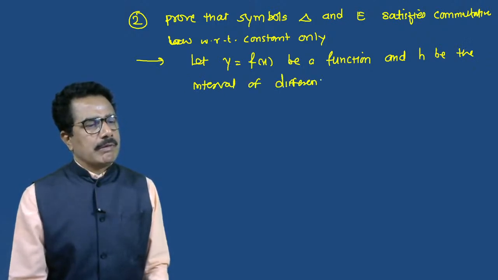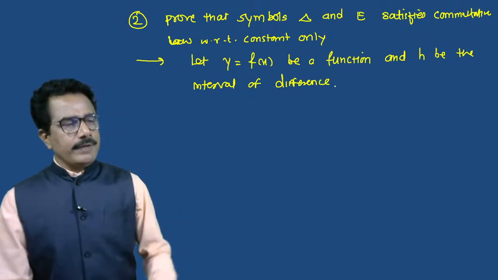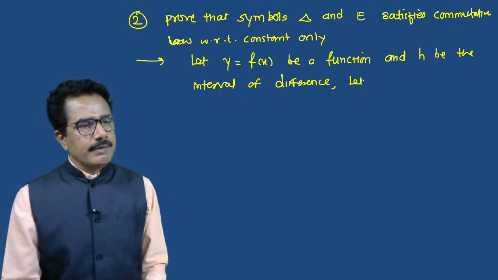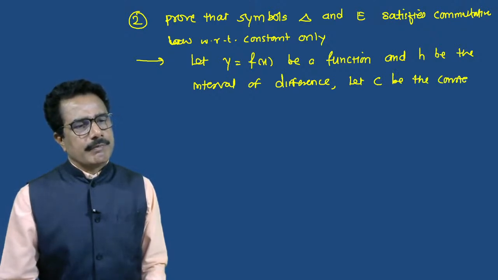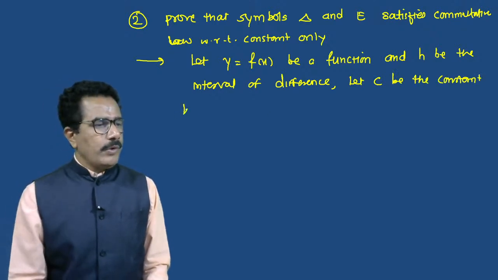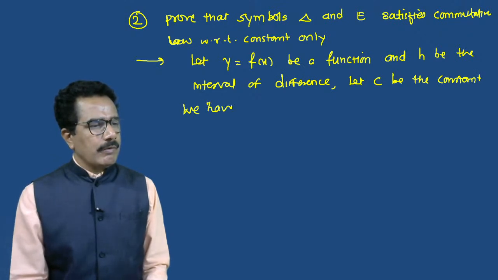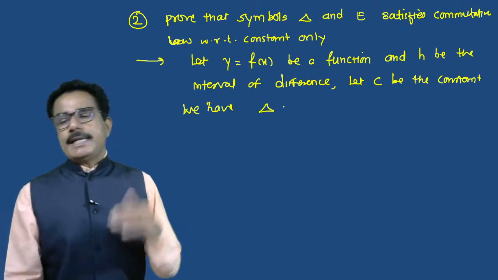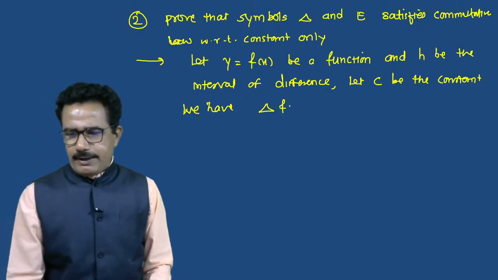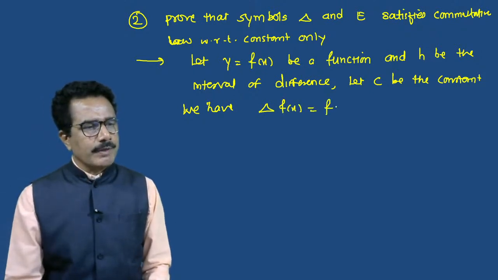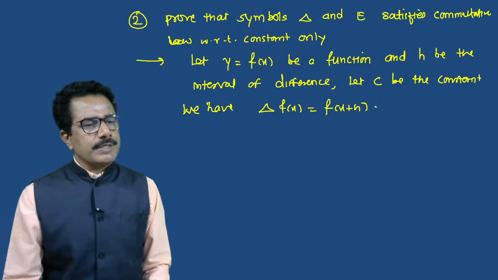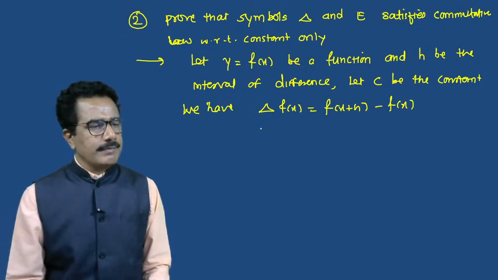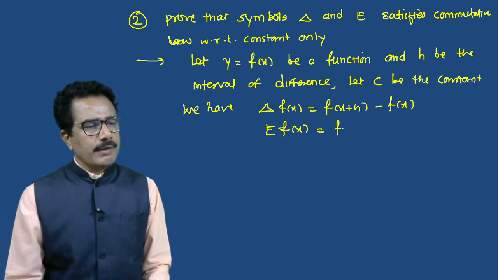Let c be the constant. What is the formula? Delta f of x is equal to f of x plus h minus f of x. E of f of x is equal to f of x plus h.